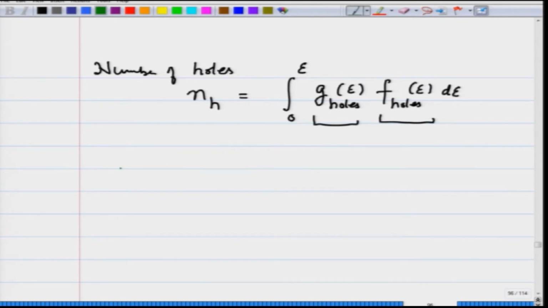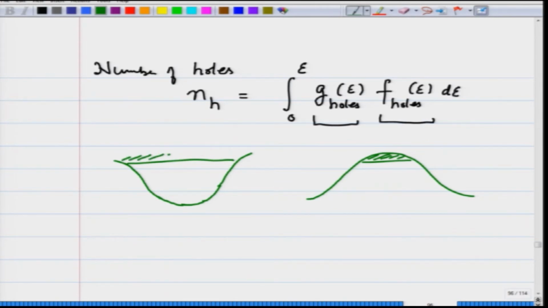Now, again if you look at the bands, for the holes, holes are nothing but missing electrons. So, these are the holes. In this case, the holes are coming from the top of the band. Holes are missing electrons.